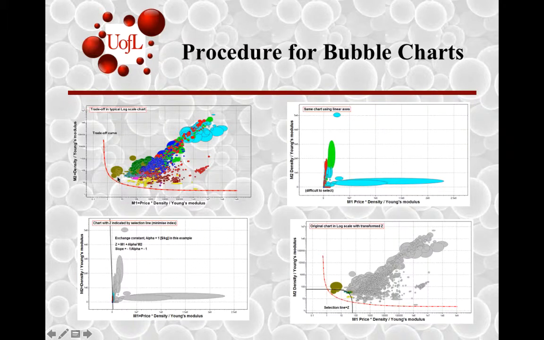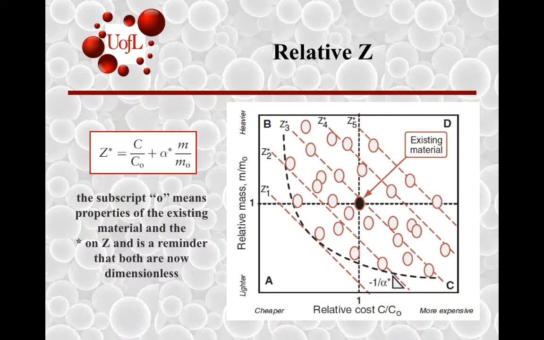Then we use our judgment to see which of those make better sense as far as a material that would be suitable for the design. We can go through this in an iterative manner where we choose different values of alpha and come down to creating a set of contours based on different values of z. Alternatively, we can also look at plotting mass relative to a particular material, say steel.